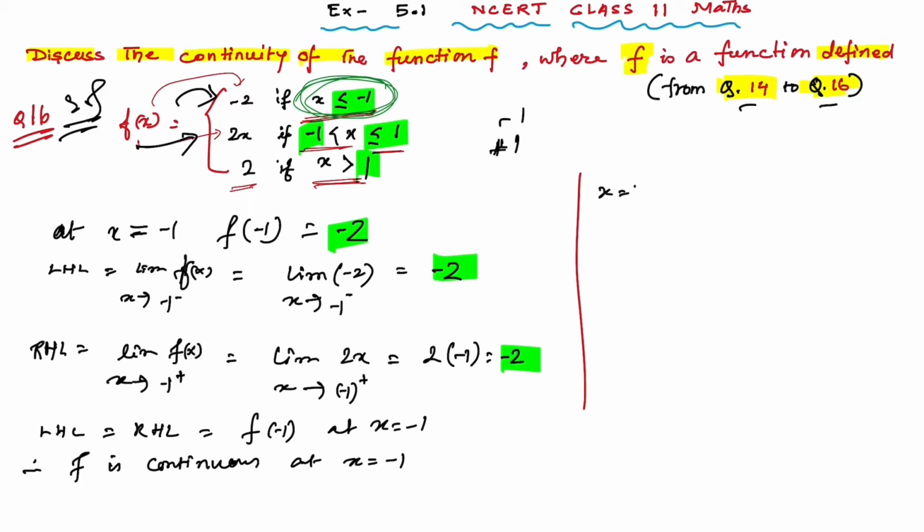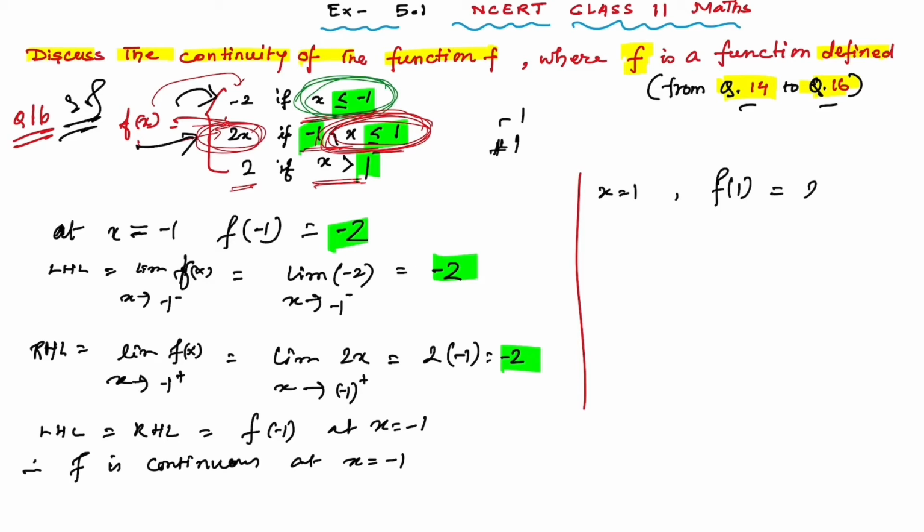Now let me check at x is equal to plus 1. Let me write f of 1. When x is less than or equal to 1, f of x is given by twice x.